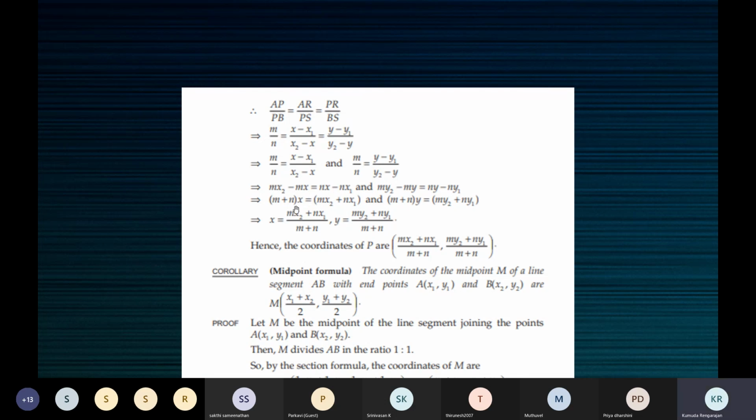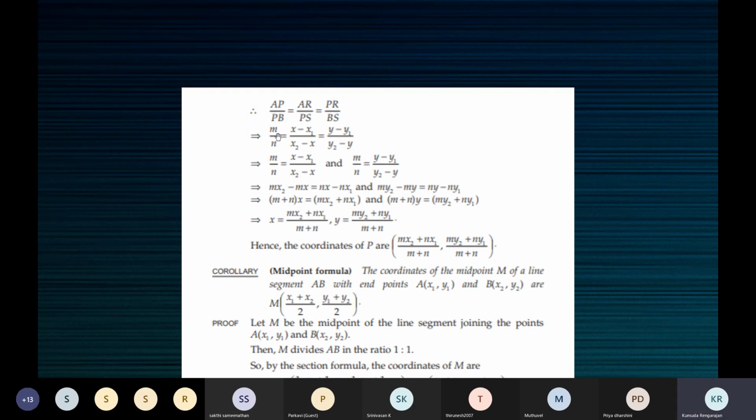So you will get m plus n in the bracket. So x is equal to (mx2 plus nx1) by (m plus n).